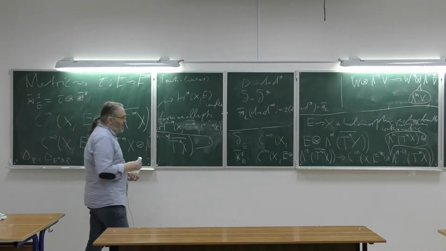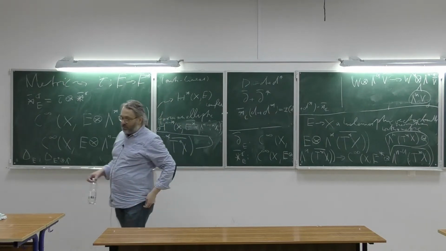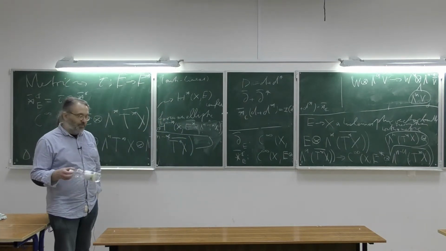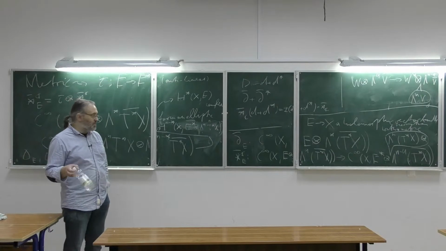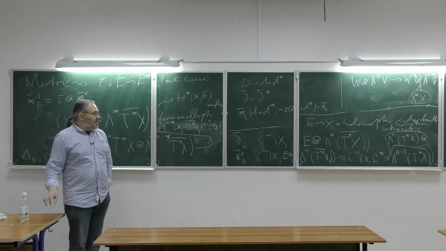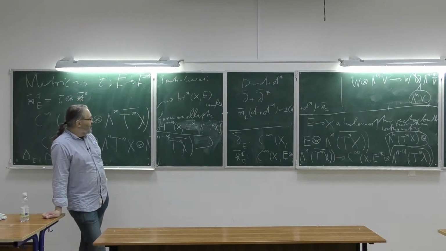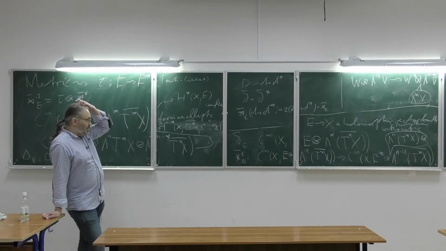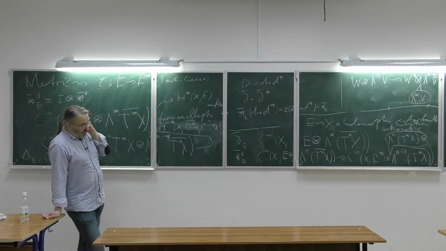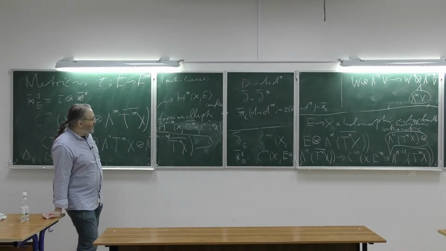For example, instead of injective resolutions, we could use flabby resolutions and so on, and we get a result which is different but canonically isomorphic.